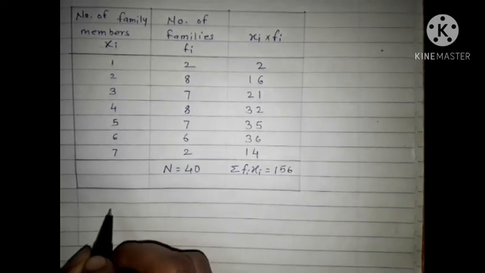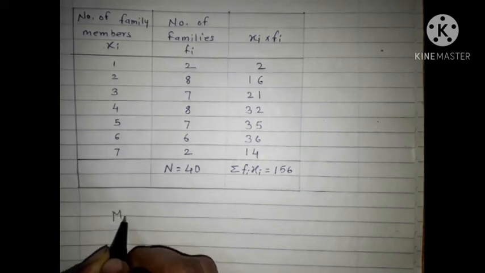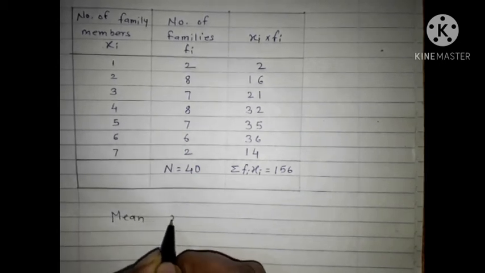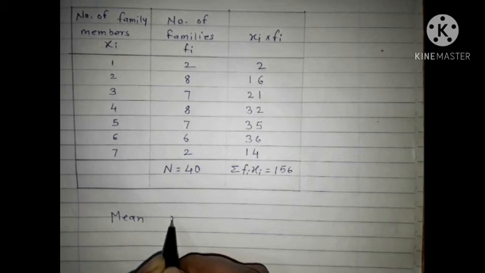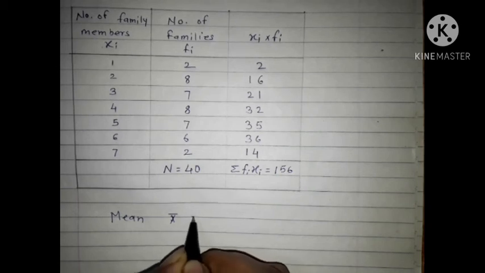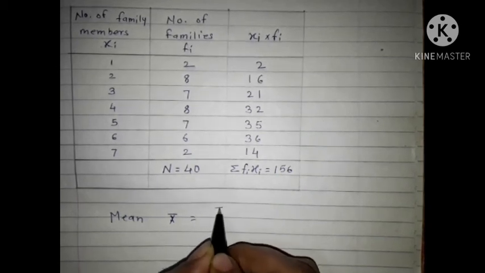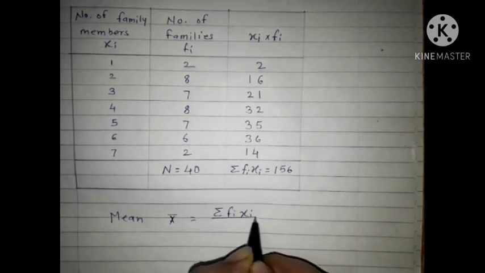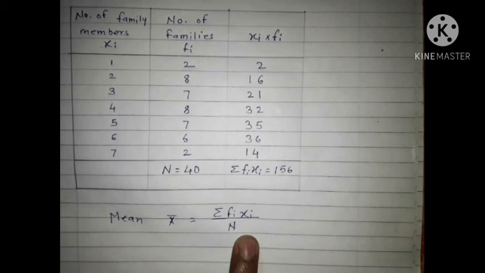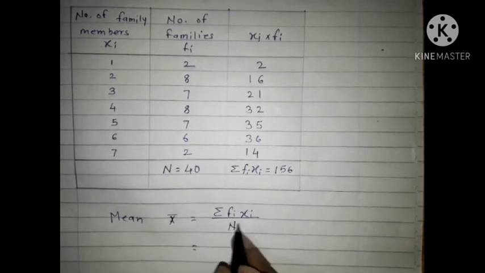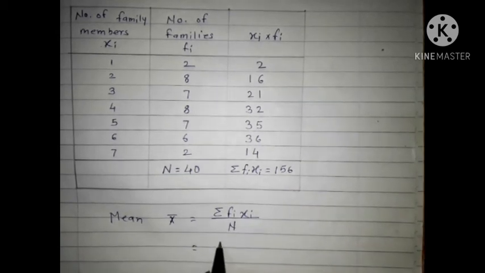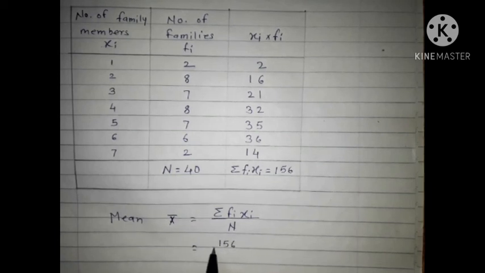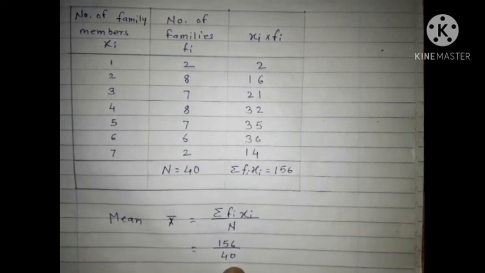Now we have to calculate the mean. The mean is denoted by x bar, and the formula to find the mean is the summation of fi xi divided by n. The summation of fi into xi is 156, so 156 divided by 40.